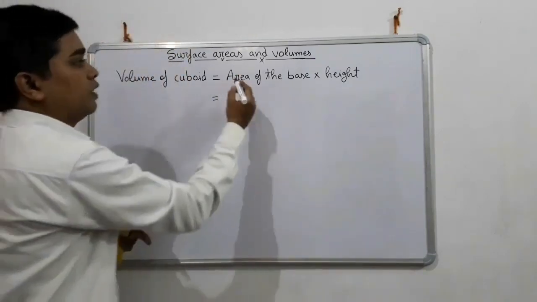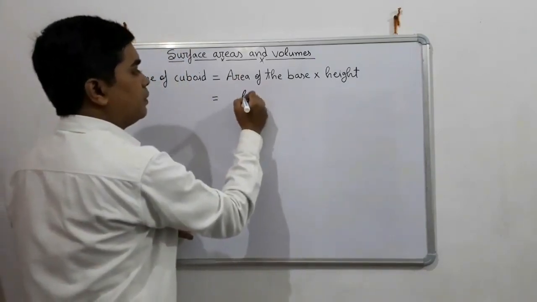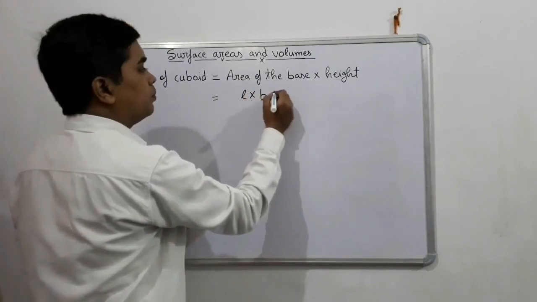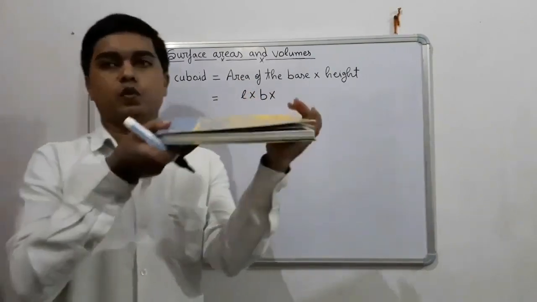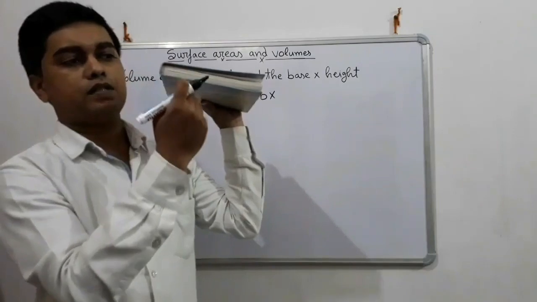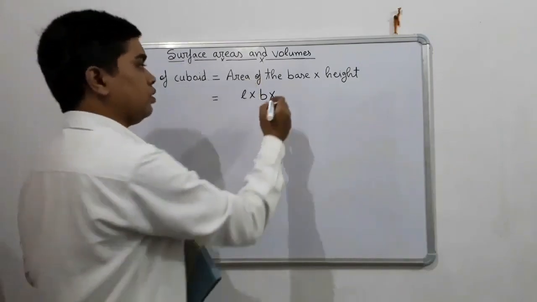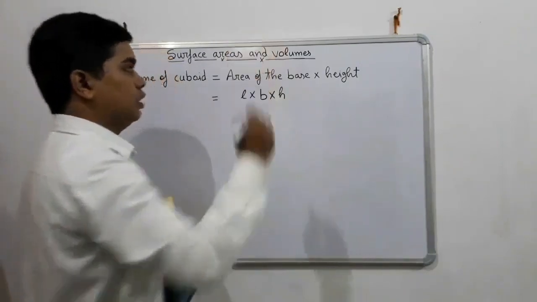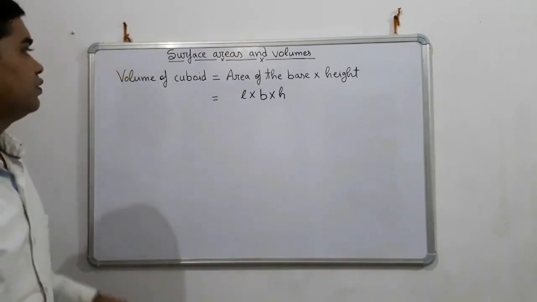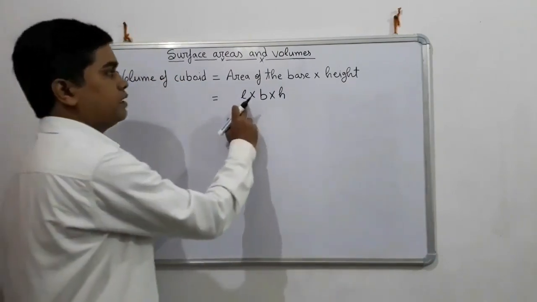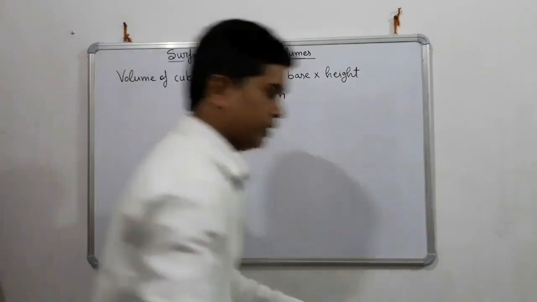So the area of the base will be length into breadth. And height, what is the height of this cuboid? This is h. So this is the formula of the volume of a cuboid, that is L into B into H.